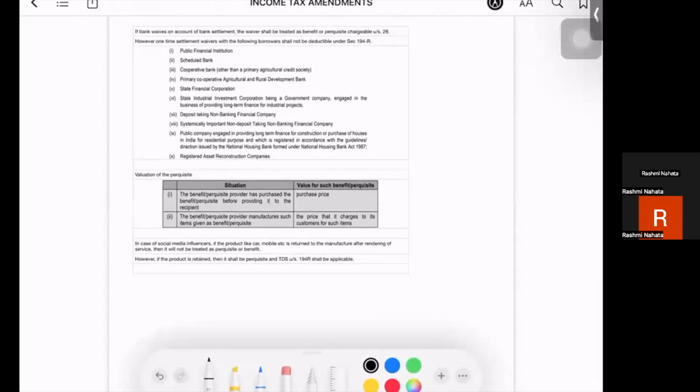There are a few more clarifications given here. In case there is any bank waiver on account of a one-time settlement, then it shall not be taken as a benefit. And who is giving such a waiver?